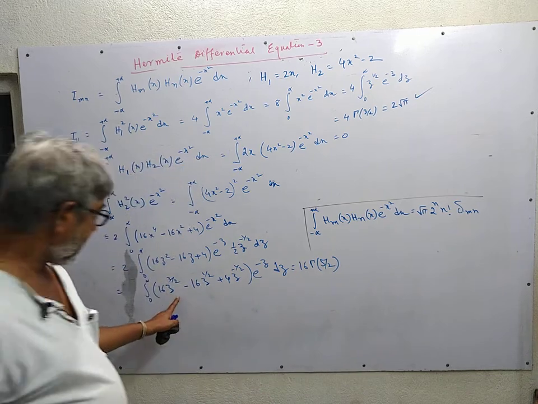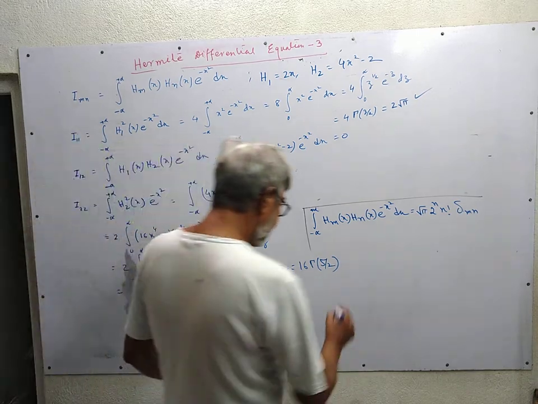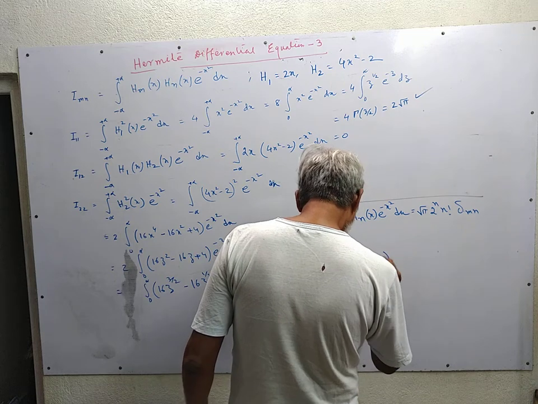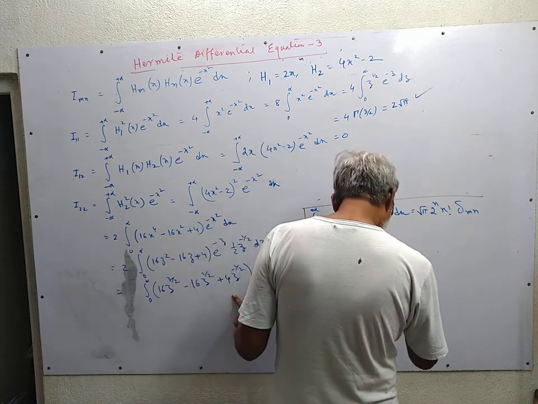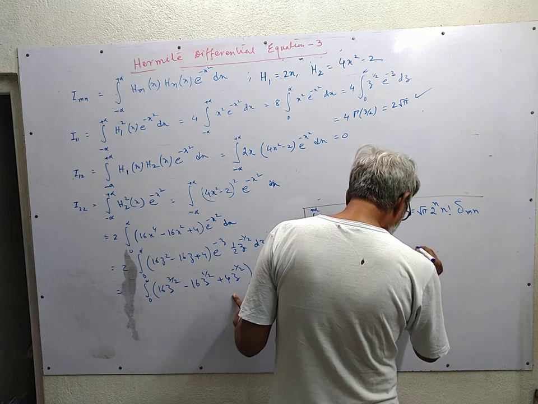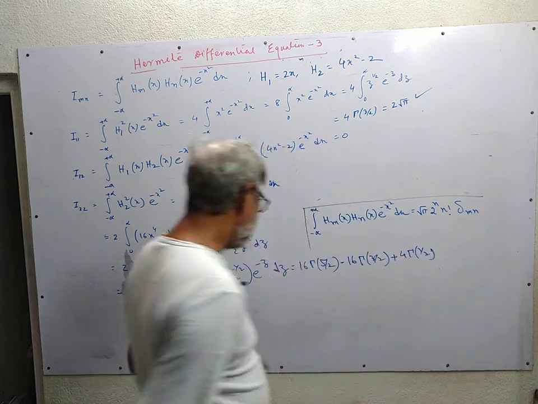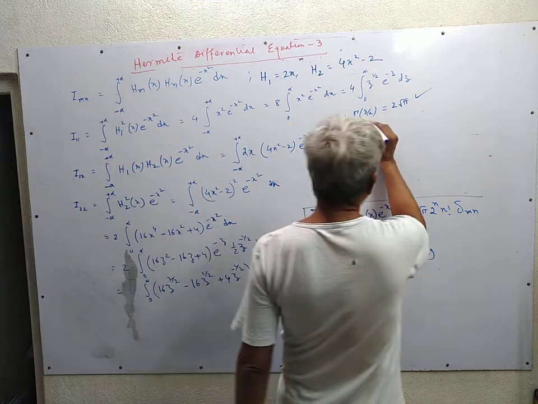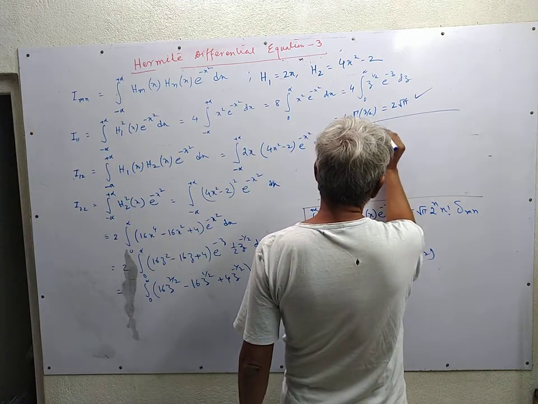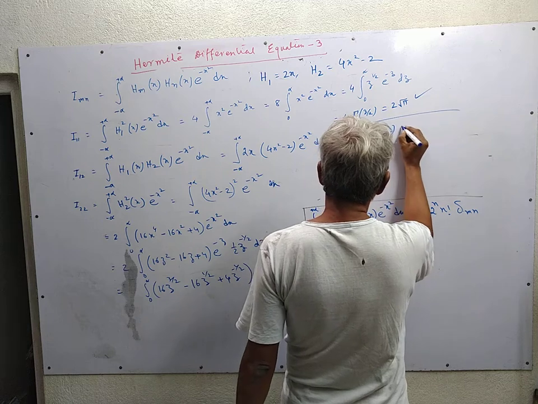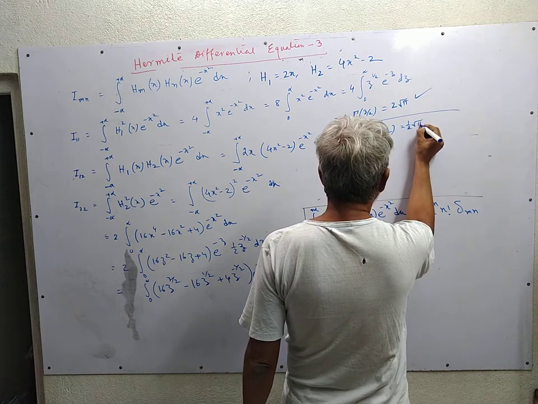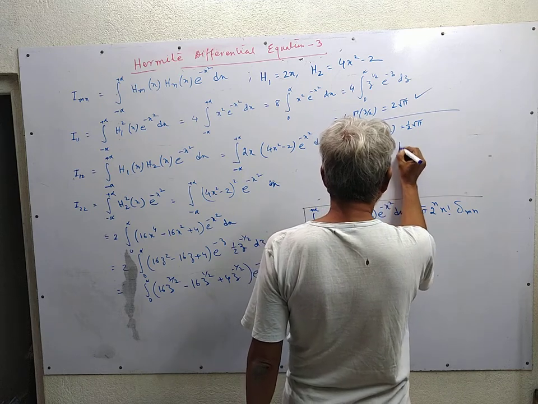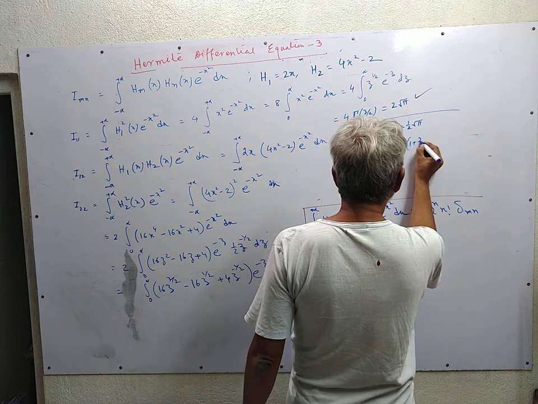This is 16 times gamma 5 by 2 minus 16 times gamma 3 by 2 plus 4 gamma half. Now we have earlier obtained that gamma 3 by 2 is equal to half times root pi, and gamma 5 by 2 is written as gamma 1 plus 3 by 2.